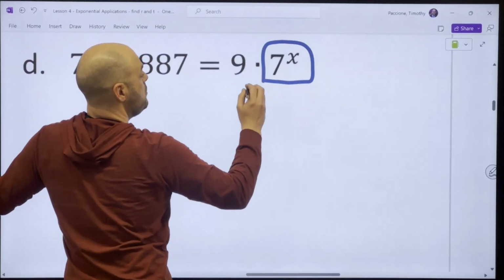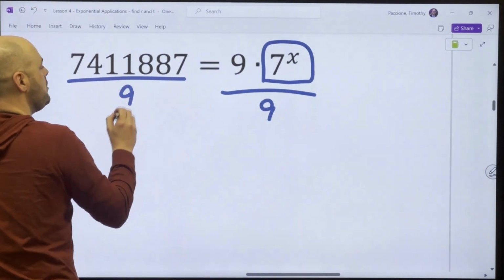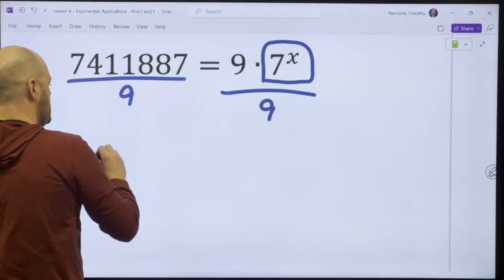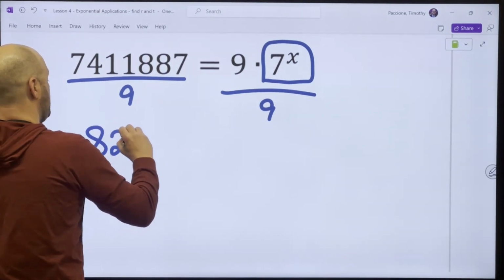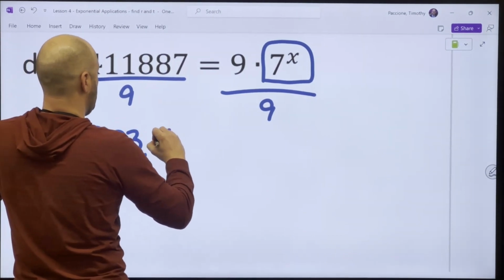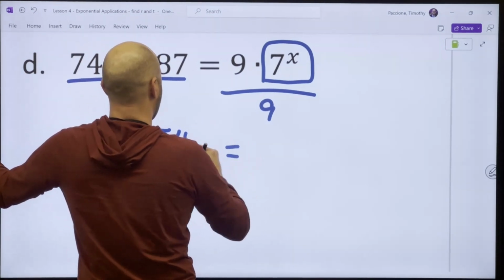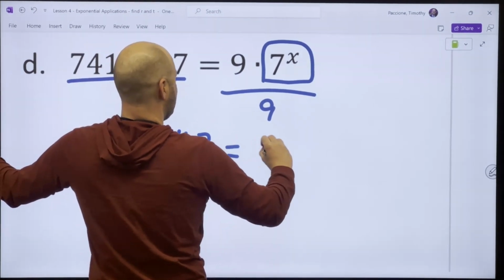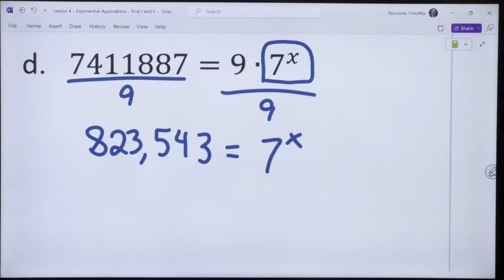So I'm going to divide by 9, this massive number, and I get 823,543 equals 7 to the x. All right, so again, I know this is a huge number, so I'm probably not going to start at 2.